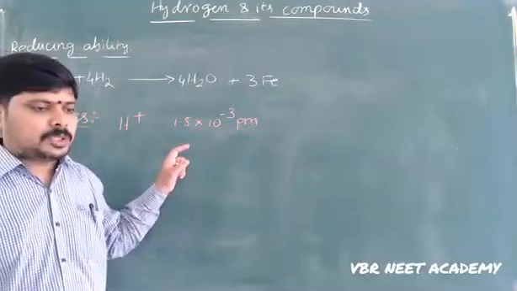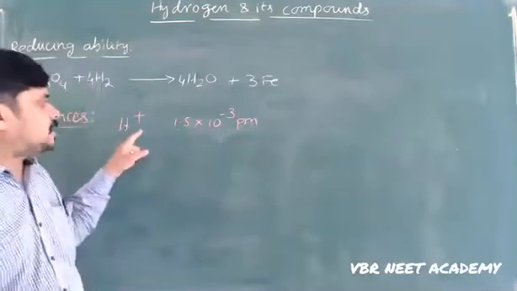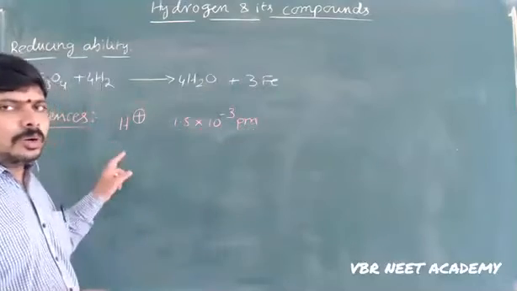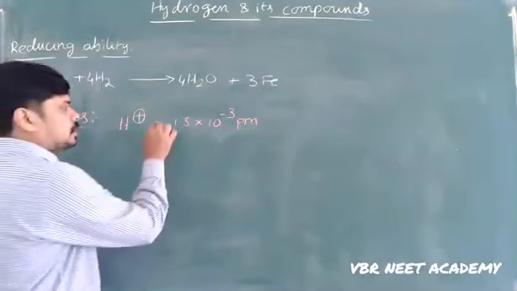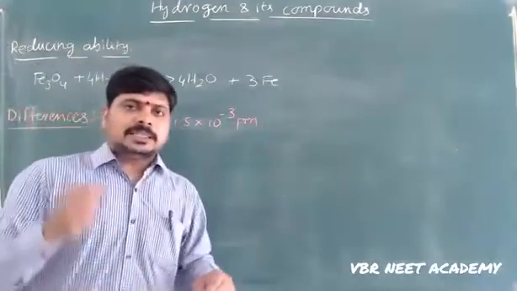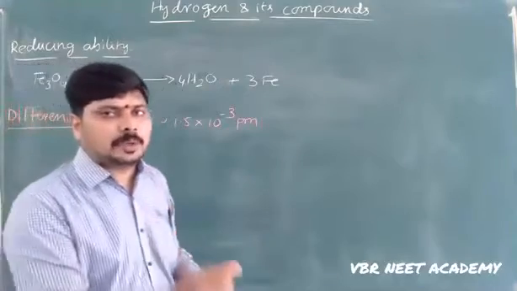That range is not possible for H plus. H plus means no electron in it, and the size is approximately 1.5 into 10 power minus 3 picometer. An ion of that much smaller size will not be able to exist.